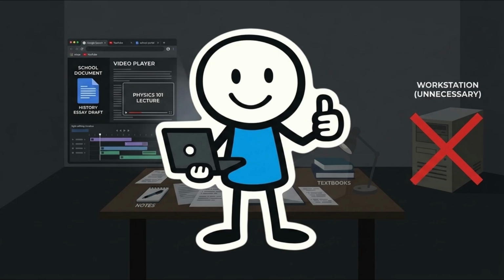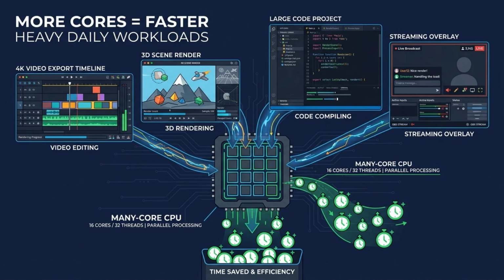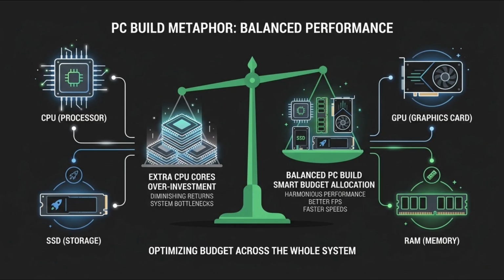If you mostly browse, study, watch videos, and do light editing, you do not need a workstation CPU. If you export 4K videos every day, render 3D scenes, compile large projects, or stream while gaming, more cores can save serious time. And do not forget balance.